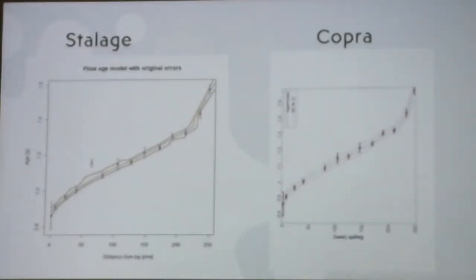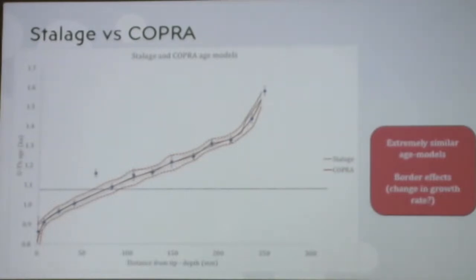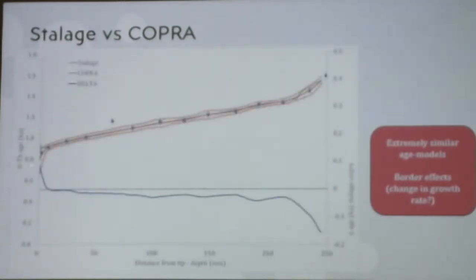A comparison with the same data set between SLH and Copra. They look fairly similar. You say, yeah, exactly the same. Once you put them one on top of the other, you say, yeah, exactly the same. It doesn't really matter. There's actually, at least for this data set, a little bit of difference. I'm plotting here the difference between the age models of Copra and SLH. There appears to be a systematic difference in Copra.